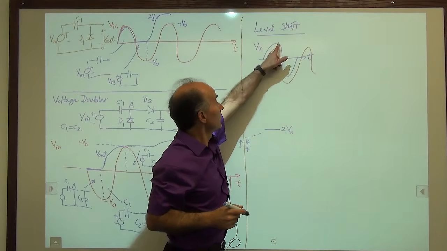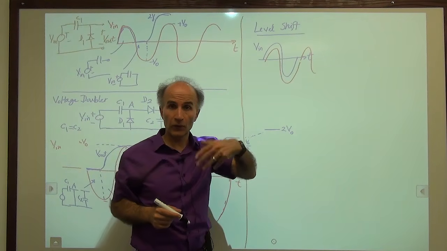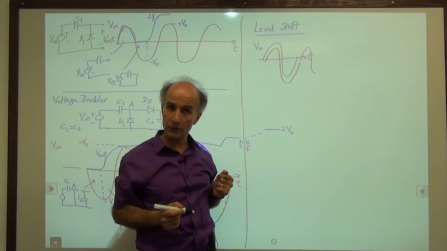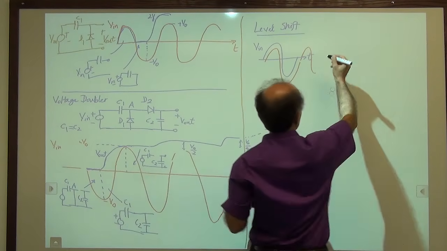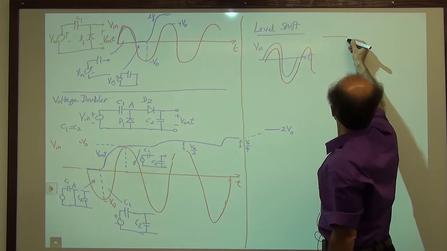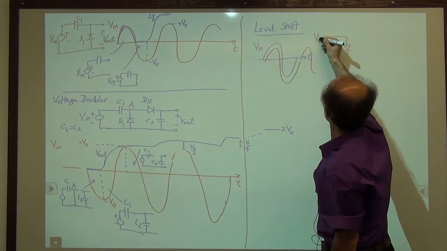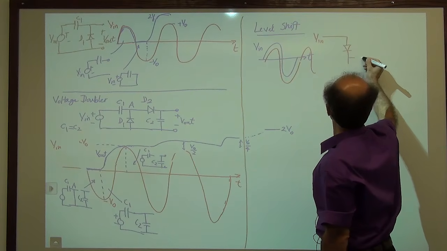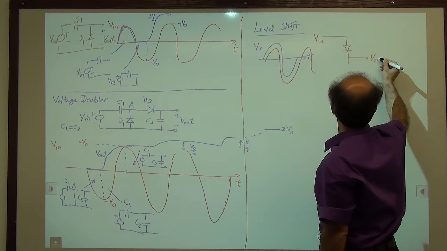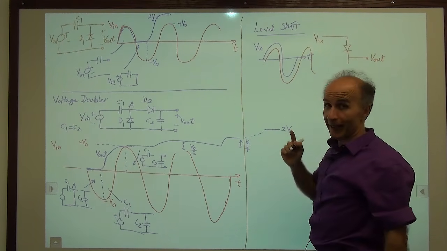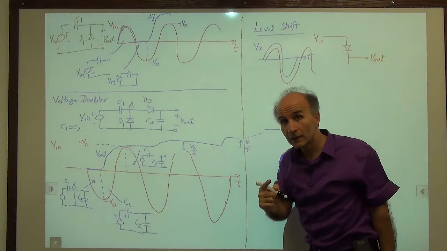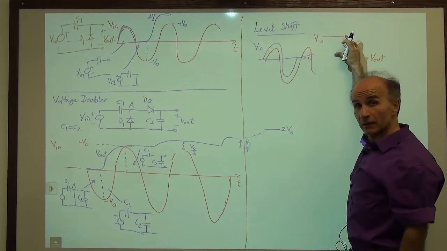Now if this level shift, if the difference between these two is on the order of 1 diode drop, then that's pretty easy to do. We take the input signal, apply it to a diode. V in and V out. If the diode is guaranteed to stay on, then it looks like a battery.